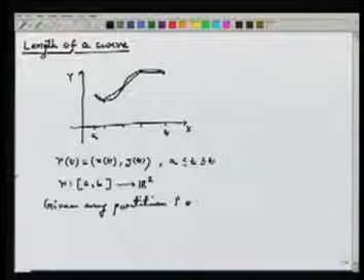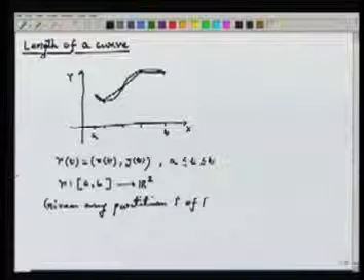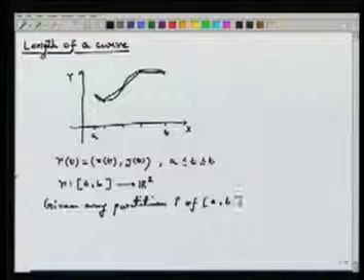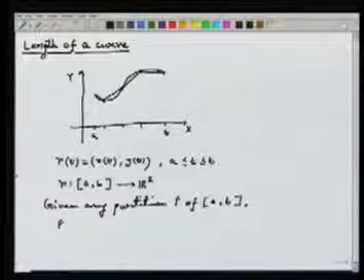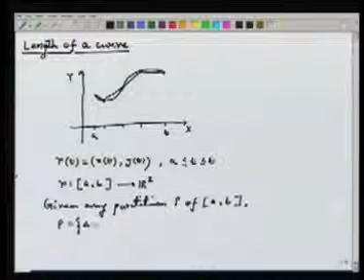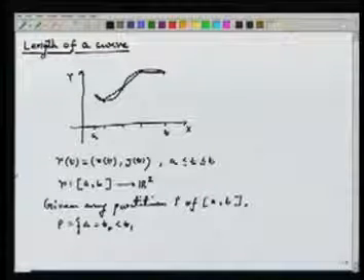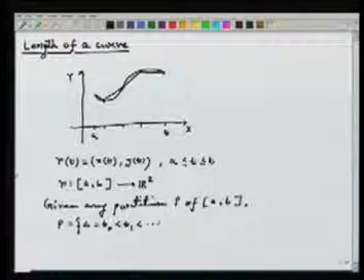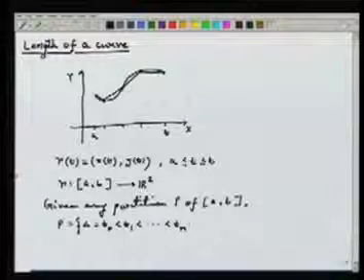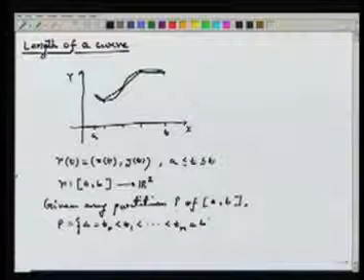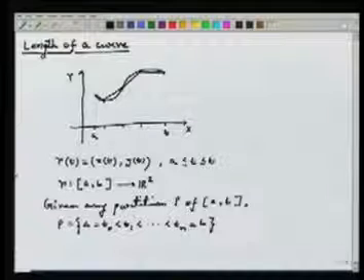So given any partition P of [a,b], let us say the partition looks like t0, t1, up to tn, what we do is we plot the corresponding points on the curve.